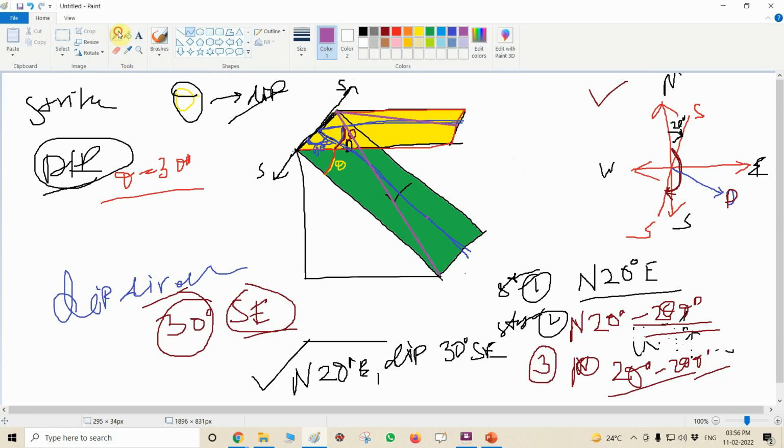So what will be the angle here? Let's say the angle is phi. What will be the relation between theta and phi? Will theta be greater than phi or will theta be less than phi?